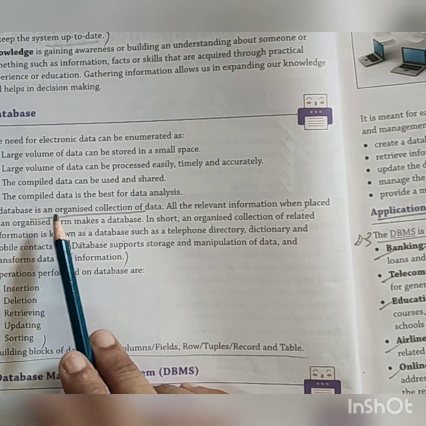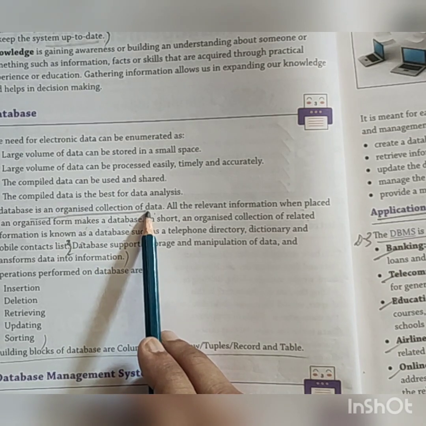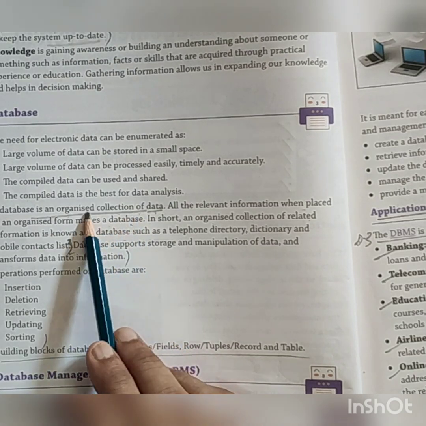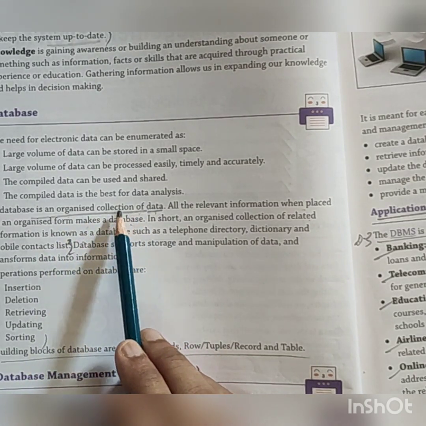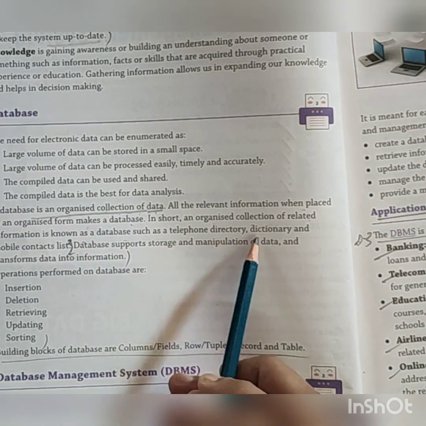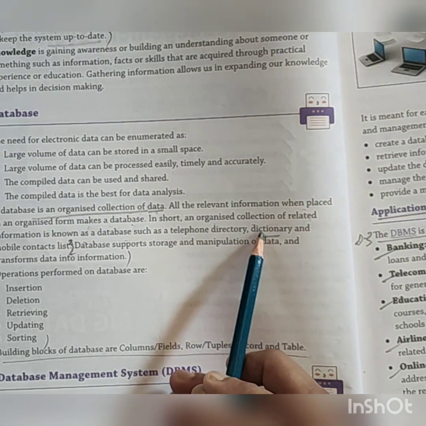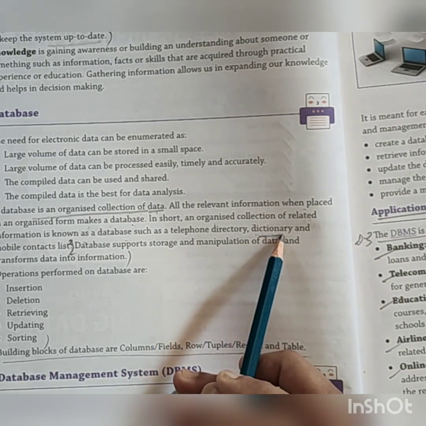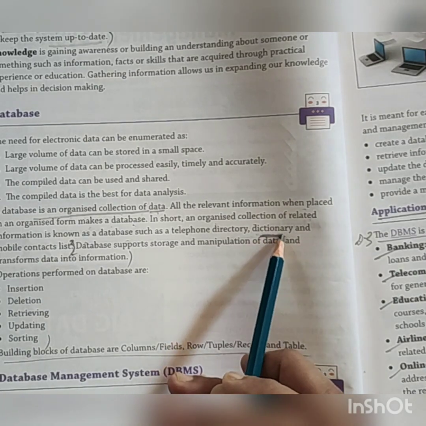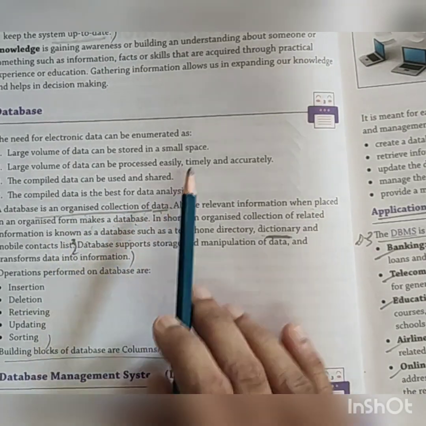For example, if you consider the school list of students, if we search a student name, we will get the related information of the student. If we consider a telephone directory, or a very common dictionary, if we search a word in a dictionary, we will get the related information for that particular word or page. So database is an organized collection of data.